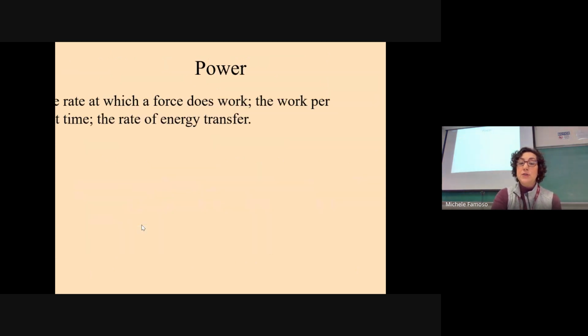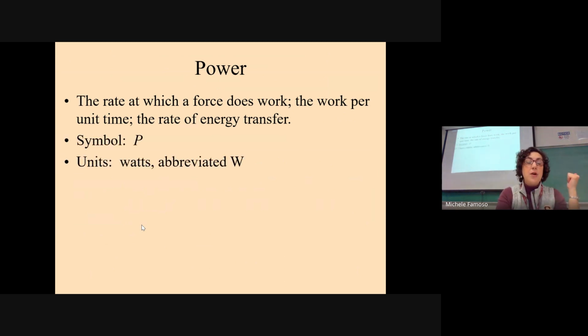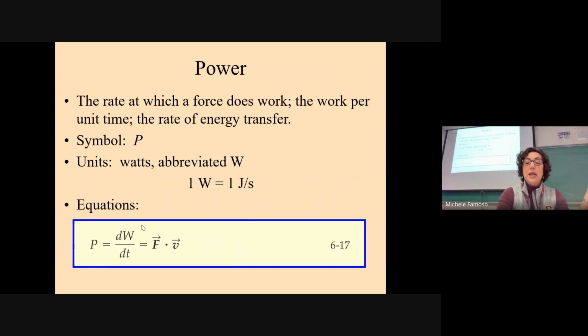All right, so let's now talk about power. We learned in Regents physics that power is the rate at which work is done or energy gets transferred. So that means, still using a capital P for power, measured still in watts. A watt, remember, is a joule per second, which means that if I'm doing a rate, it means I'm taking something and dividing by time. In broader terms, that means we take a derivative when I have a function with respect to time.